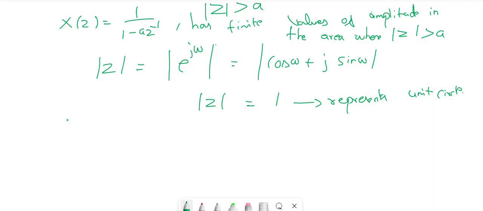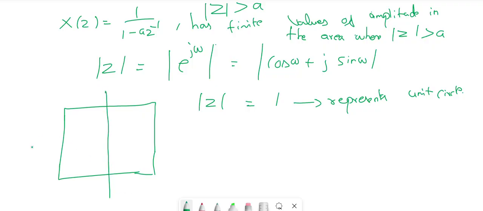So now for this unit circle, this is the z plane. This is the unit circle, this is r is equal to 1.